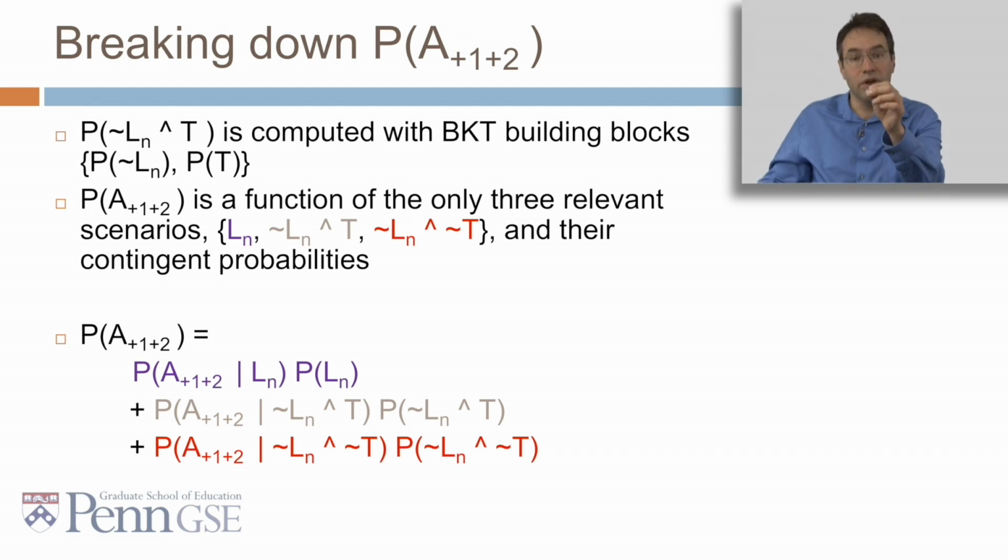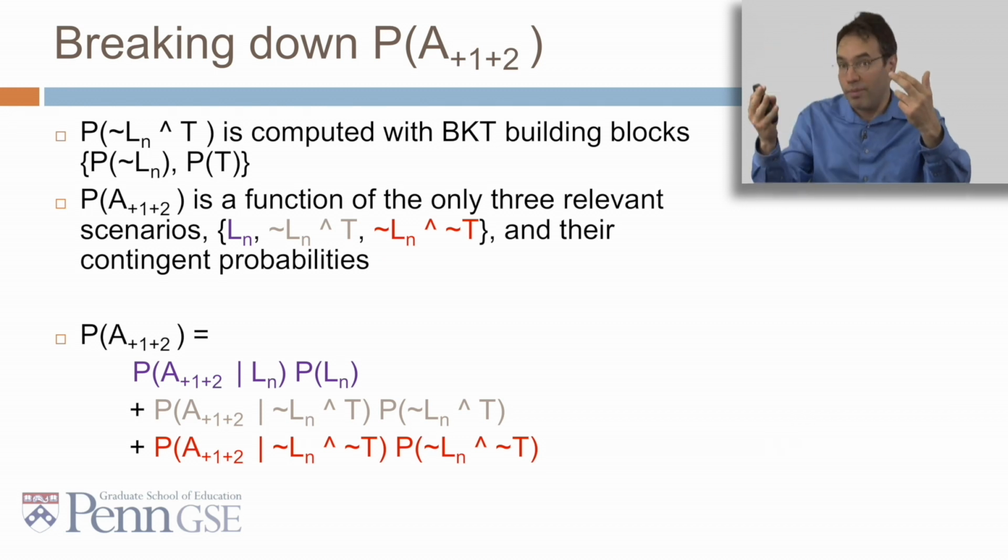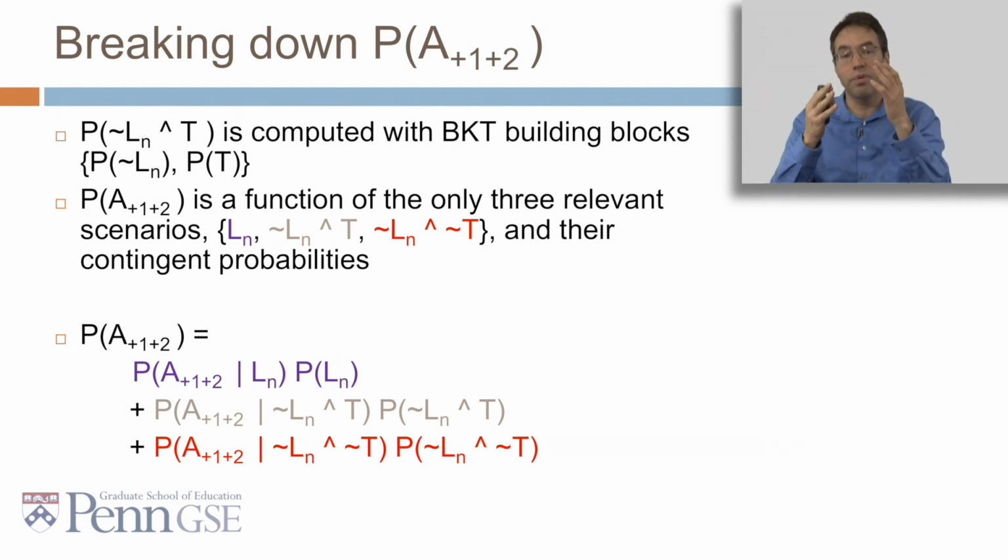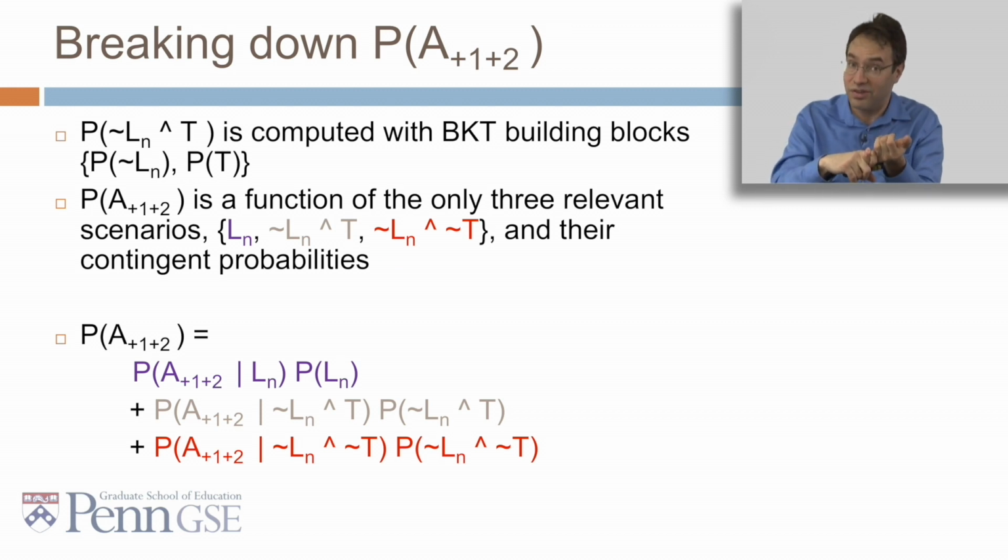So in other words, the probability of the next 2 actions is the probability of the next 2 actions given that they know it, times the probability they knew it, plus the probability of the next 2 actions given that they didn't know it and they learned it, times the probability that they didn't know it and they learned it, plus the probability of the next 2 actions given that they didn't know it and they didn't learn it, times the probability that they didn't know it and they didn't learn it. Or in other words, there are 3 cases, and we're going to take the probability of the next 2 actions given each of those 3 cases, times the probability of each of those 3 cases.